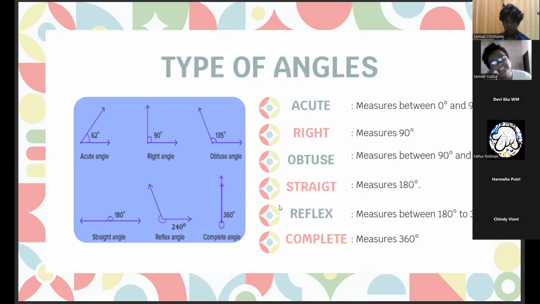Next, after the straight angle, there is the reflex angle, which measures between 180 degrees and 360 degrees. This is the example, a reflex angle of 240 degrees. The last type of angle is the complete angle that measures 360 degrees. You can see here, this is the complete angle.